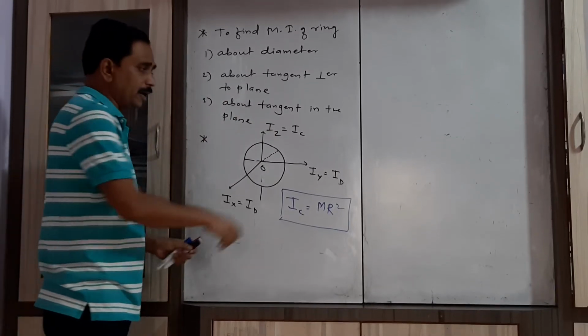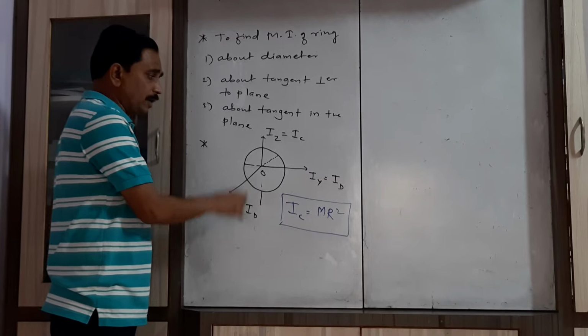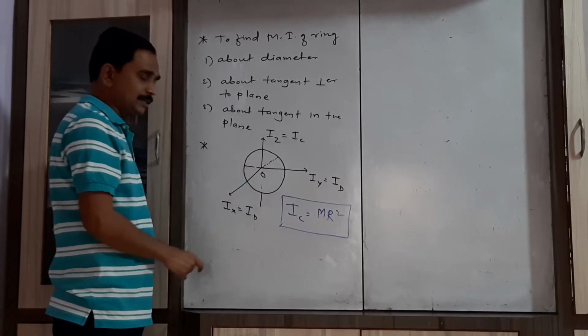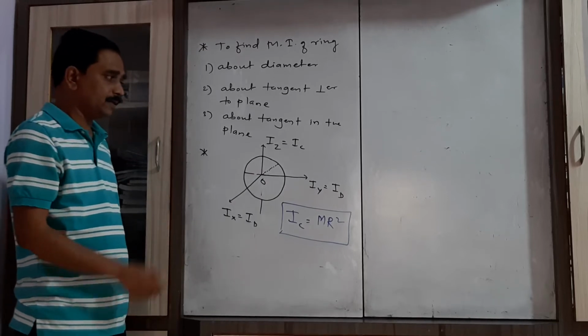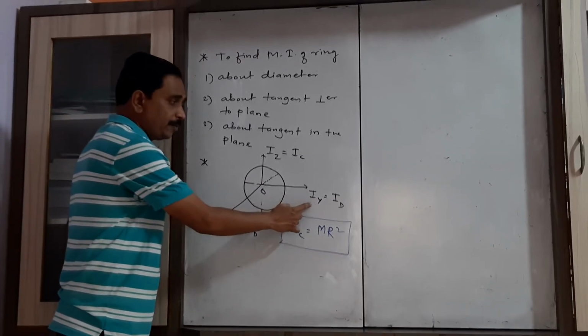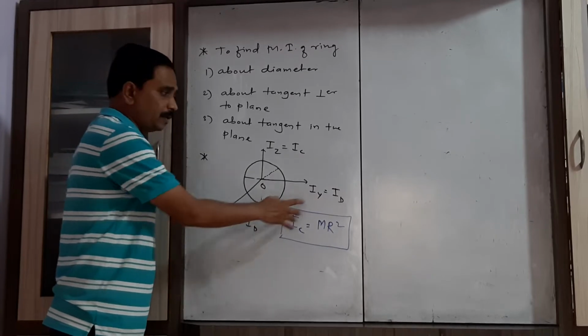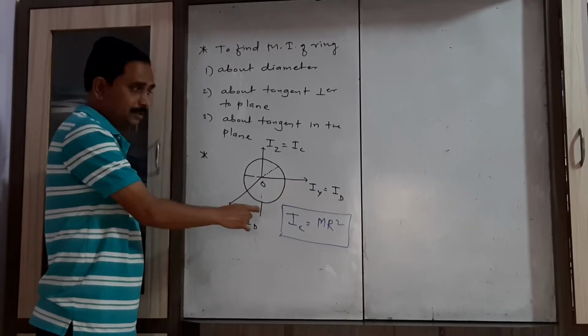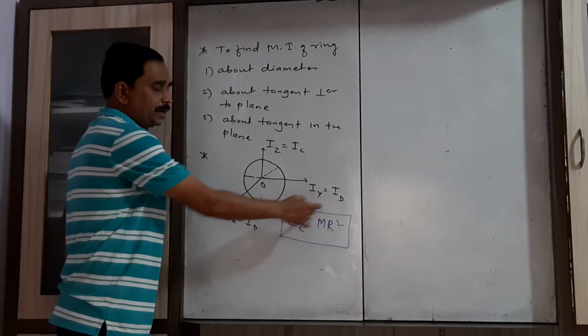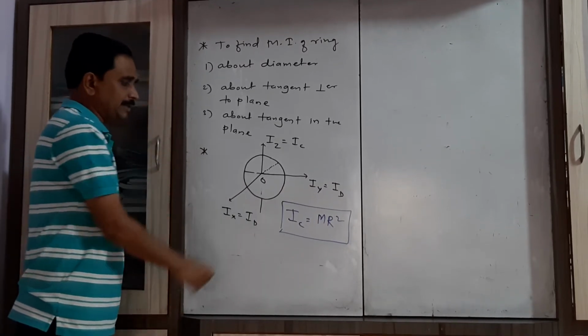Now here I draw another two axes. Assume the x axis and y axis, that is along the diameter of the ring. So I write here the moment of inertia of the ring about the y and about the x axis. As we consider those two axes as a diameter, I write here Iy equal to Id and Ix equal to Id.